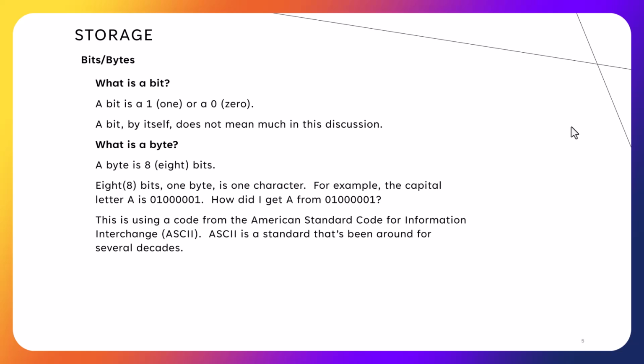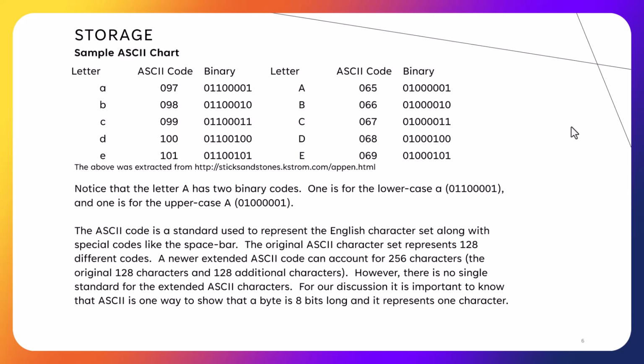We'll discuss more about ASCII and what's called Unicode in a subsequent chapter. But here is a sample ASCII chart, just to give you an idea how some of this stuff works out. So again, the capital letter A, it's in the second column over here. Capital letter A right here, and here is our binary value of it.